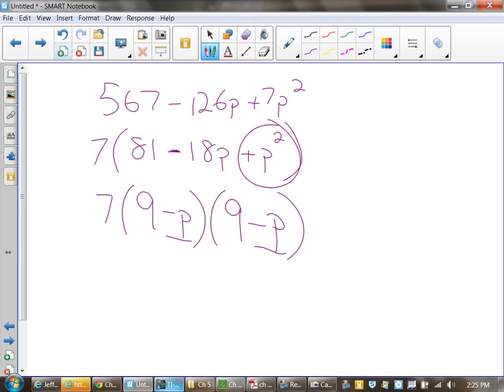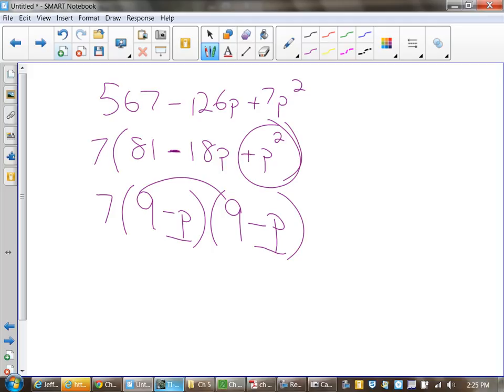What's 9 times 9? 81. What's 9 times negative p? Negative 9p. What's negative p times 9? Negative 9p. If it's just the same thing squared, then you can just flip the order.